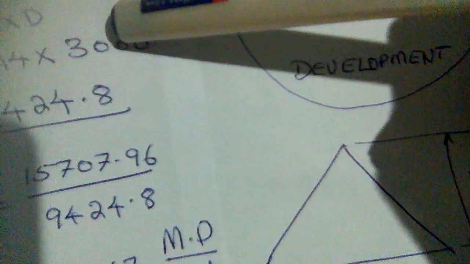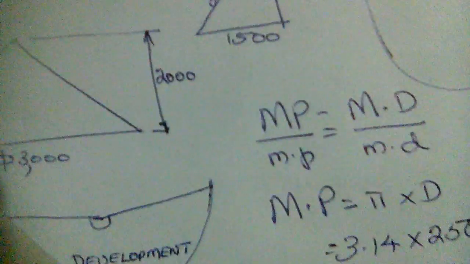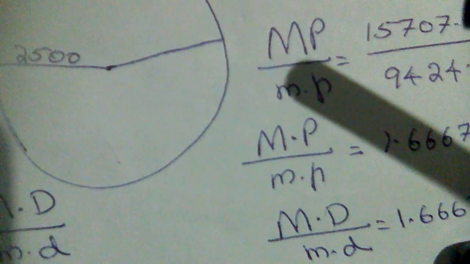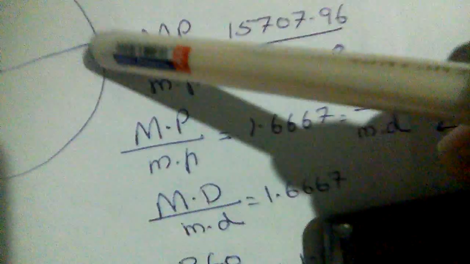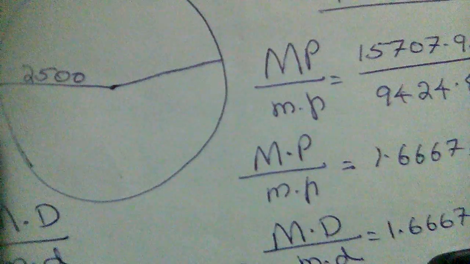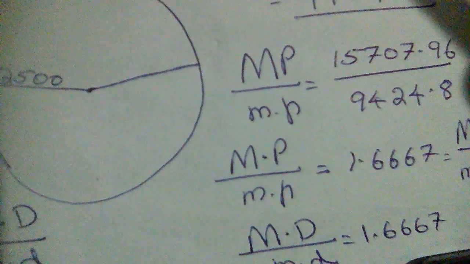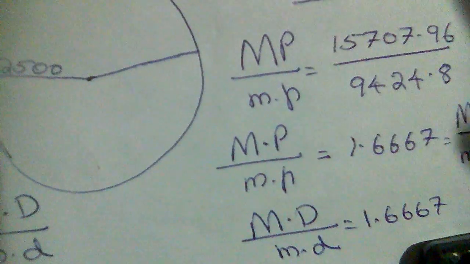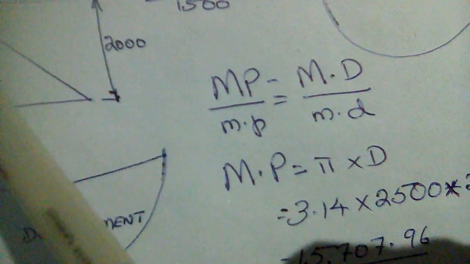This 3000 perimeter is this much, from here to here. Once again I repeat for newcomers, for anyone listening to this pattern development class for the first time: the perimeter of this 3000 diameter is from here to here.